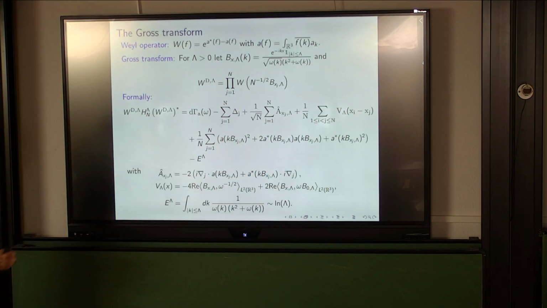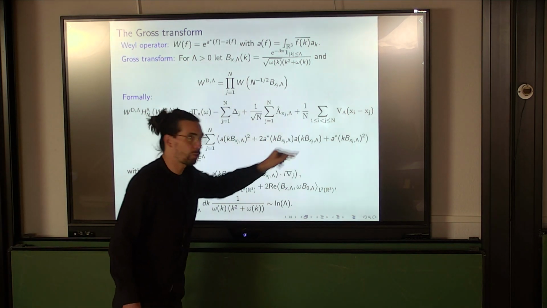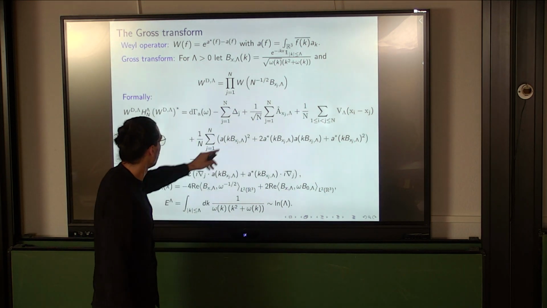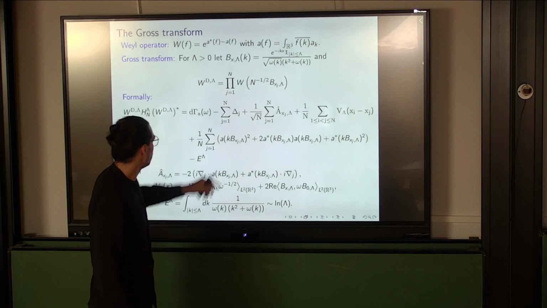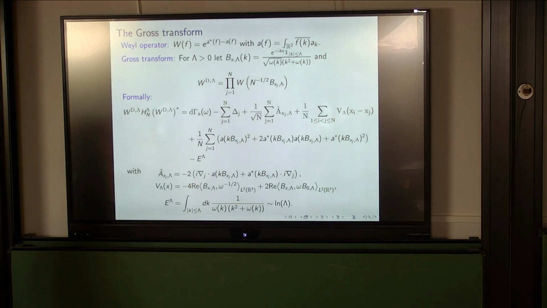In the original model, the decay of 1 over square root of omega k was a decay for large momenta like k to the minus 1/2. So we see here that we get a more complicated structure because we get quadratic field operators, but this function here decays like k to the minus 3/2, which is less singular.